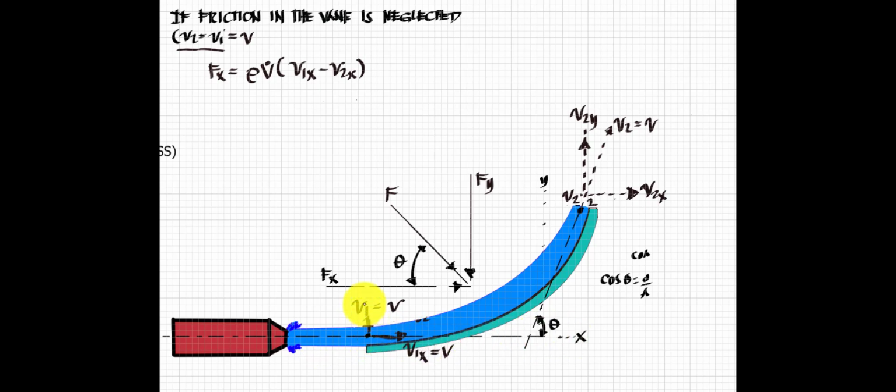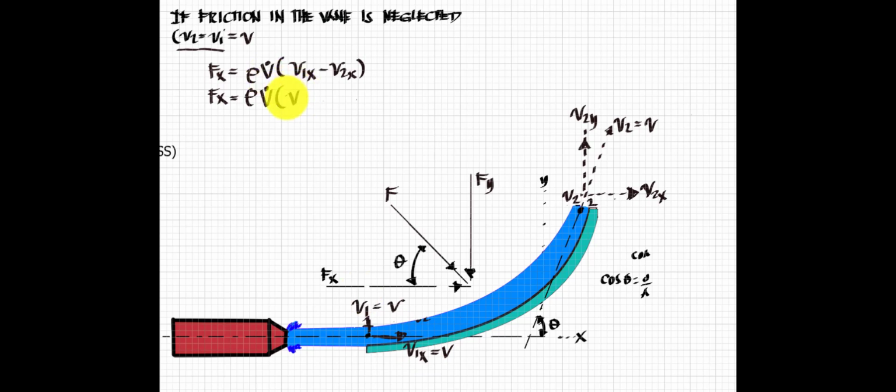So V sub 1y will be equal to 0. So we can rewrite our equation. We have Fx equal to density times the volume flow rate, then we multiply this by the velocity, since our V sub 1 at the x component is equal to V.